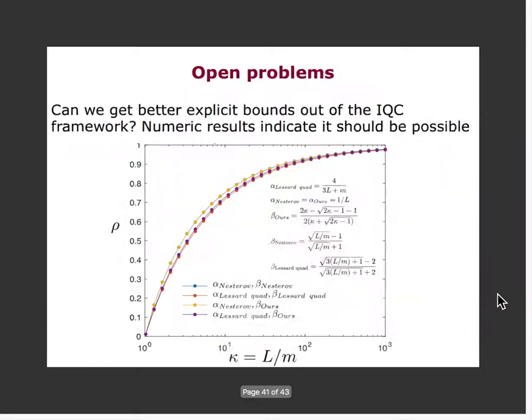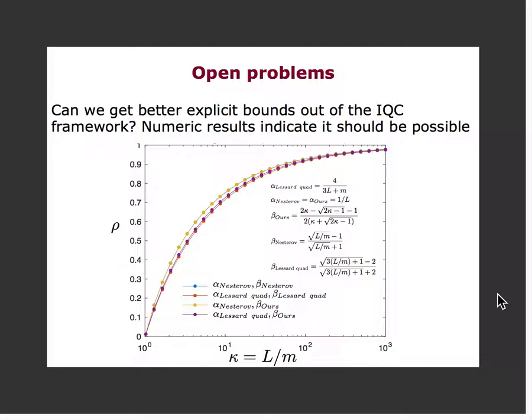So what we did is we made more numerical experiments where, instead of choosing alpha and beta like we chose, we chose other alphas and betas. We can numerically see that there are actually other bounds that one could extract from this IQC framework that are better than the one we have. And these are just numerical experiments. For example, if we choose alpha equal to 1 over L like we chose, and beta just like ours, this complicated expression, then we get this curve here, this yellow curve.